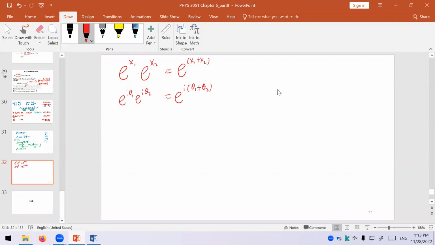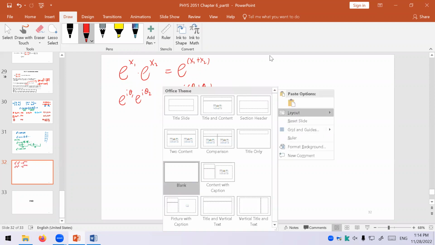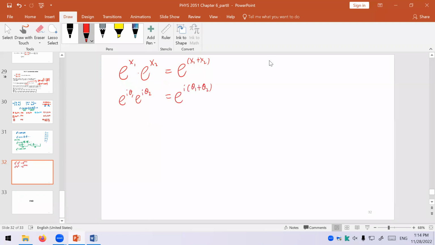And also, whenever you have a complex number, you can always draw this complex plane. So this is my complex plane over here, and this is my complex number. Suppose this is x plus iy.